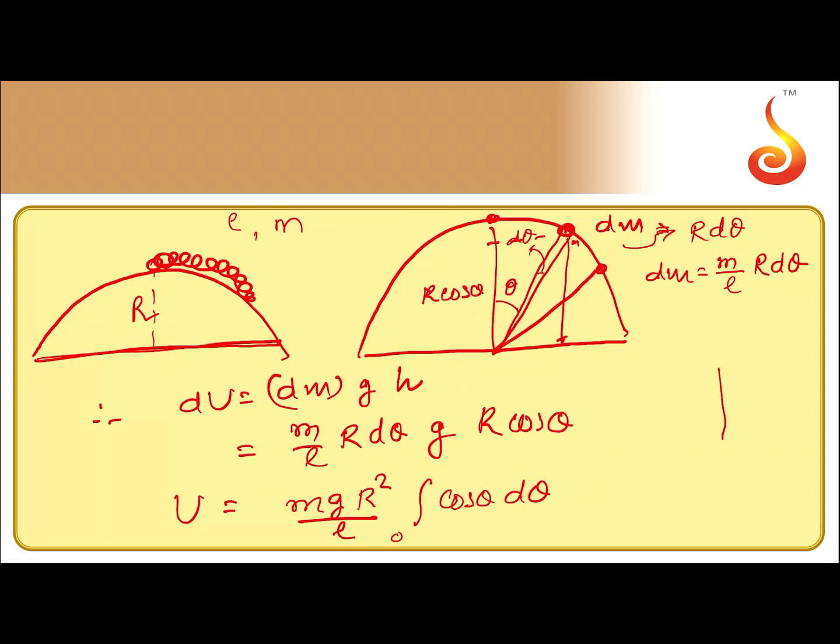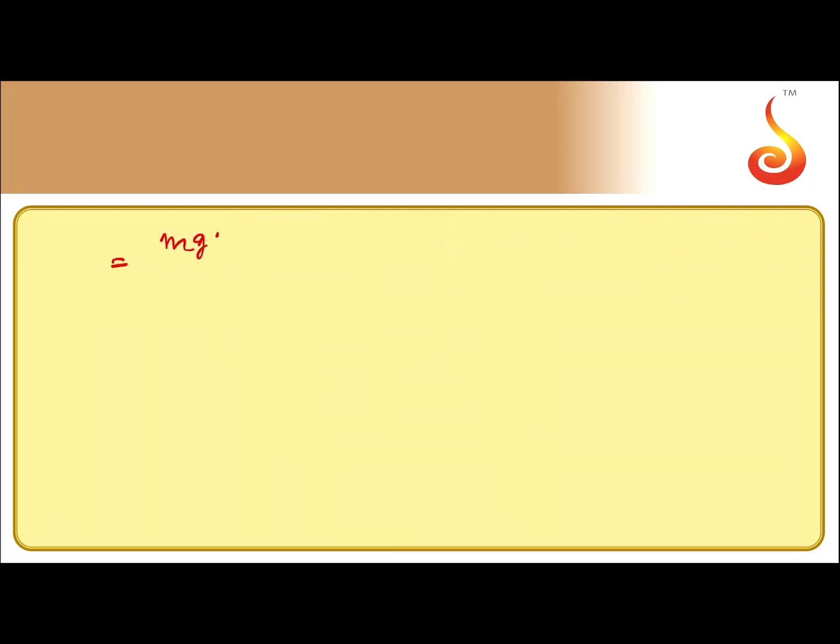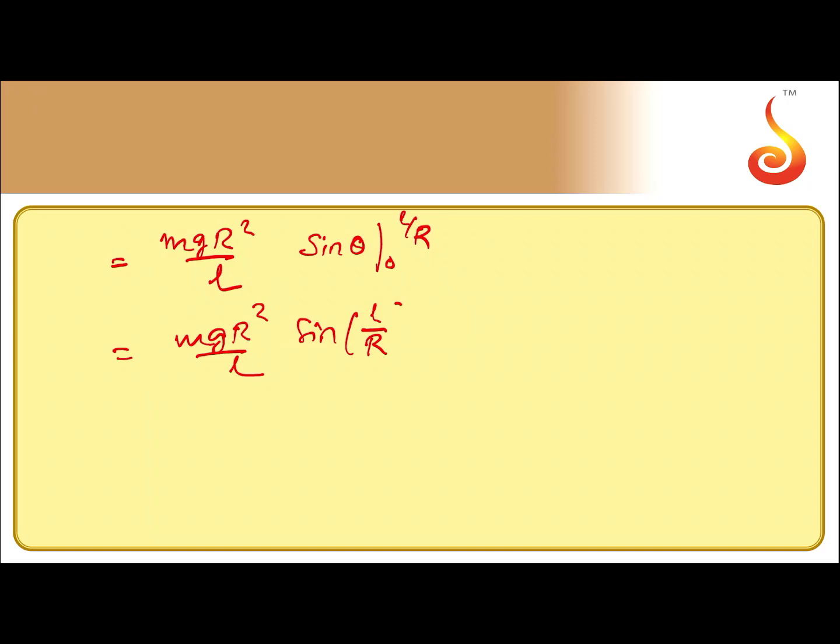You may notice that this is L, this is R, this is theta. So L is equal to R theta. That is right. So theta is equal to L divided by R. Let us substitute and simplify. Mg r square divided by L, integral cos theta d theta is sin theta from 0 to L by R, and upon simplification we get it as mg r square divided by L into sine of L divided by R. That is the total gravitational potential energy of the chain.